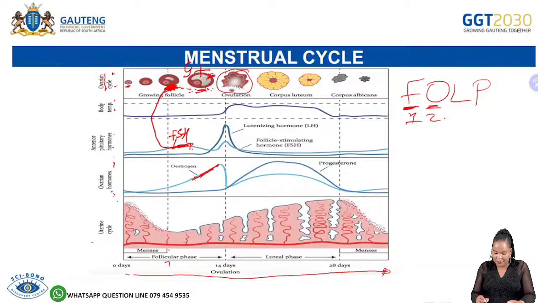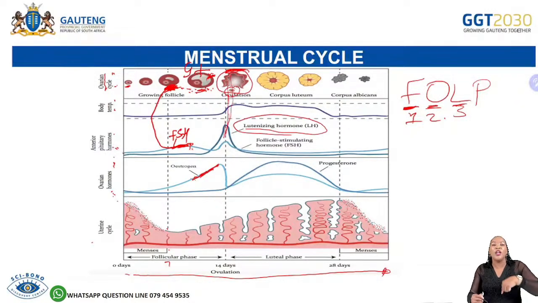On day 14, the pituitary gland, look, is going to secrete this magic hormone. This is our third hormone, LH, luteinizing hormone. This luteinizing hormone is going to rupture what? The Graafian follicle and make it release the ova. So do you see everything here is on the same line?